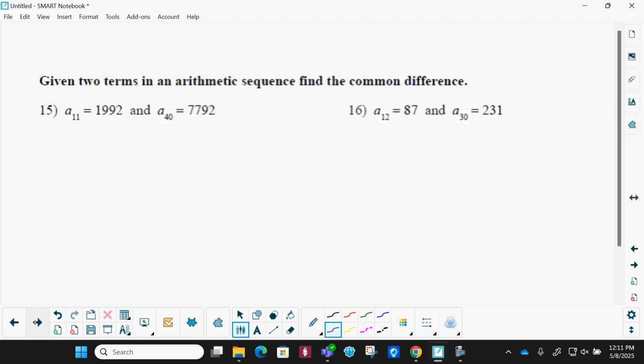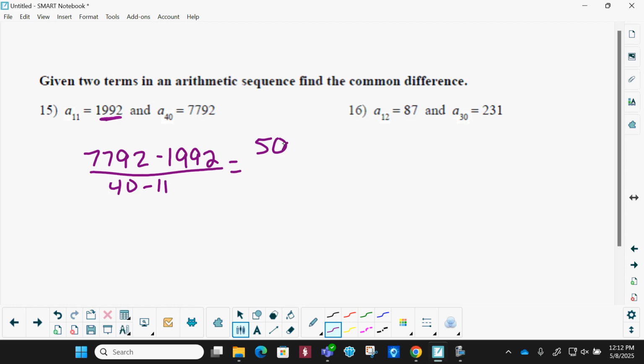Arithmetic sequence, common difference. All you're going to do is the second number minus the first number. In case anyone cares, I graduated that year. Long time ago. So now we're going to type that in, 1792 minus 1992. I was so young back then.